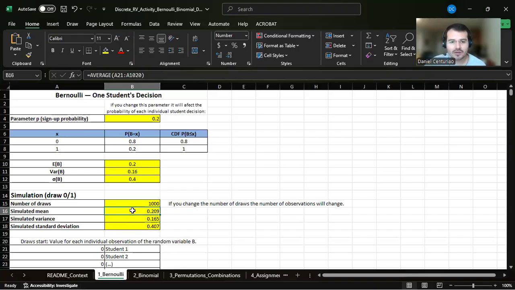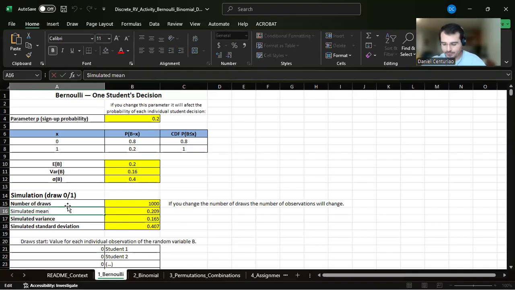And what I did here is basically I calculated the expected value, which is this one of B. Here's the variance of B, and here is the standard deviation.